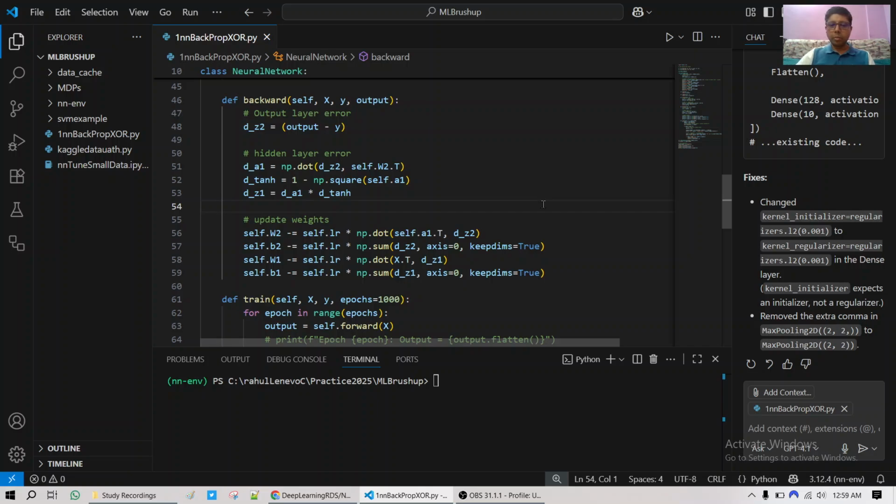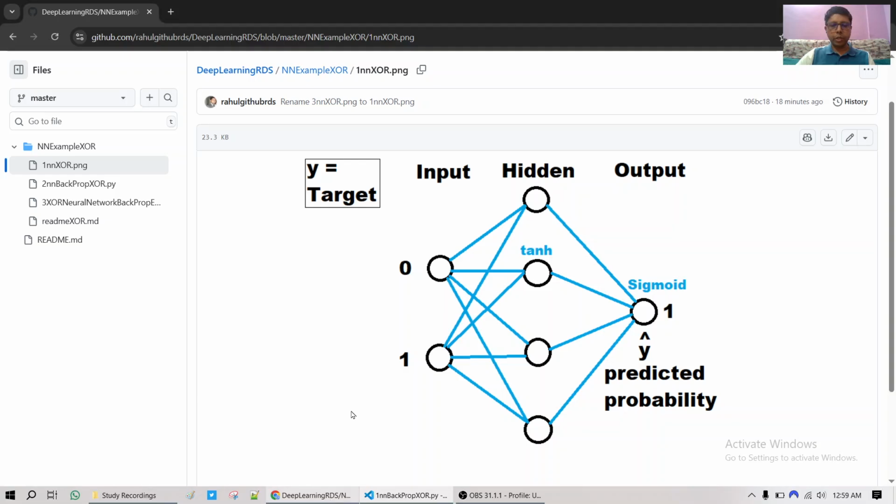Backward propagate करायचा म्हणजे, here you see, once we get some predicted probability of the output, right? So we propagate this particular error to adjust. Here we have weights and biases.